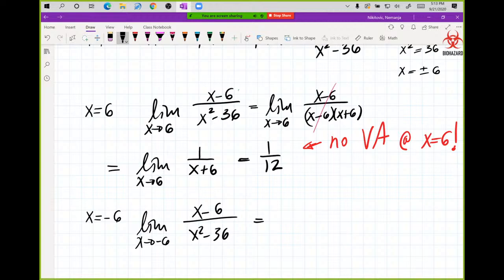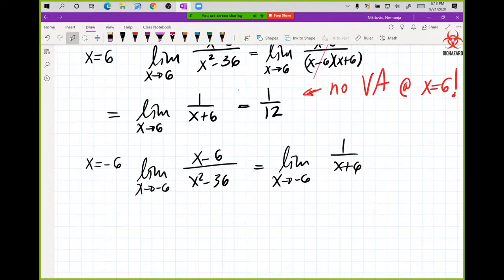Factor it, cancel it. So limit x goes to negative 6, and now you have your 1 over x plus 6 when you cancel and factor. Well, now when you plug in, you still get 0 in the denominator, which means that method failed. There is nothing else to cancel with algebra, factor, or anything like that. You reach the end of the road for simplifying.